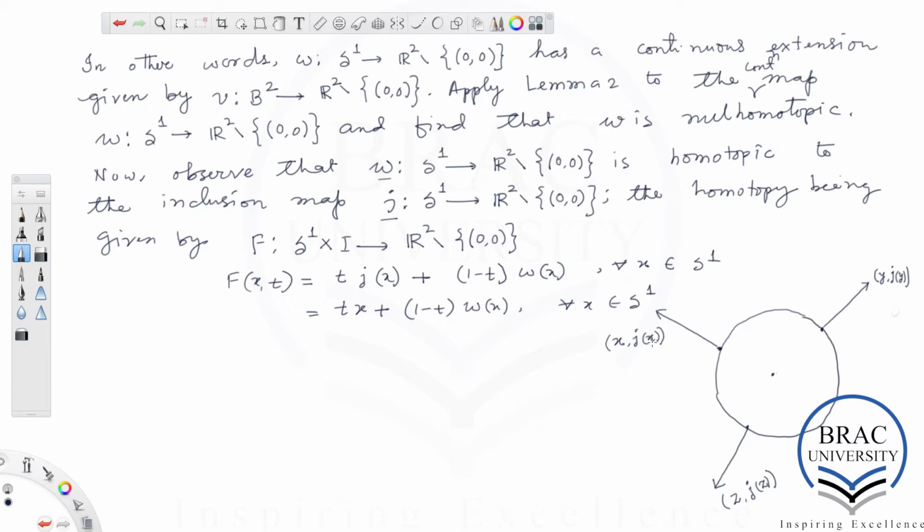Okay, and suppose we have some non-vanishing vector field W. Okay, sorry. So the non-vanishing vector field was V, whose restriction to S1 was W.